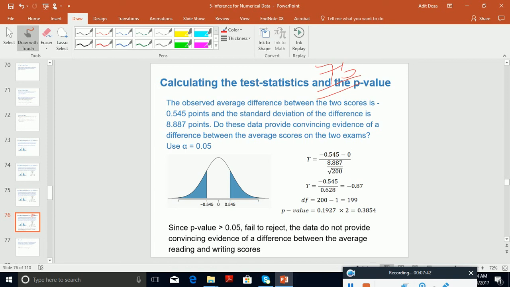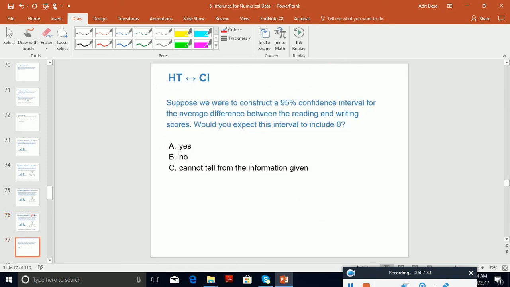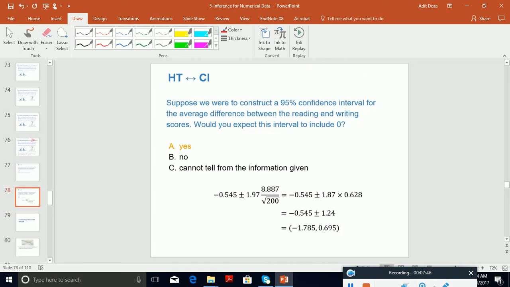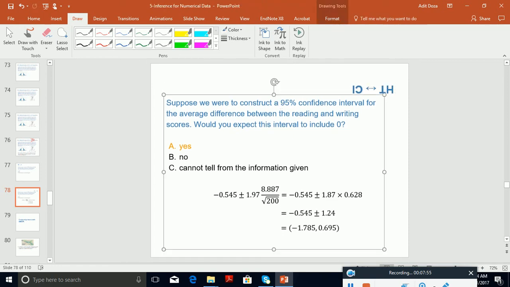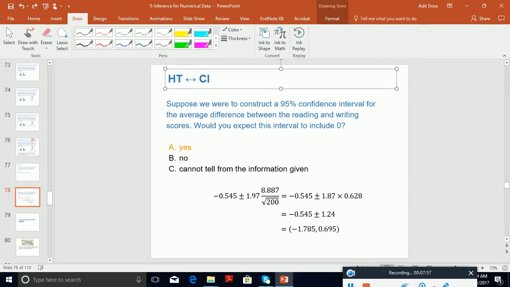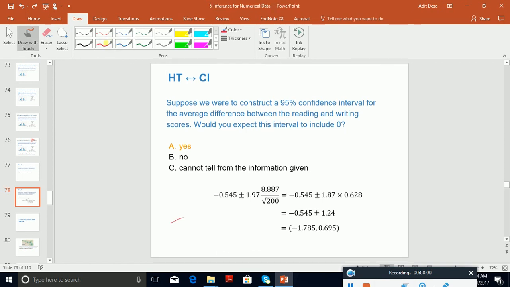Watch the video, maybe especially these slides. It will help. Also slide 78, this is a nice example. Slide 78.